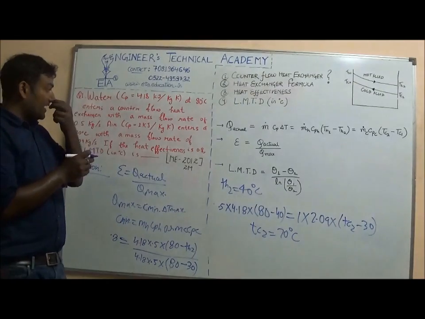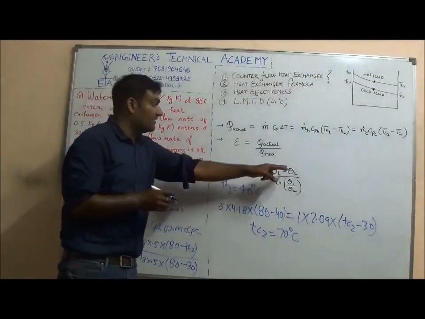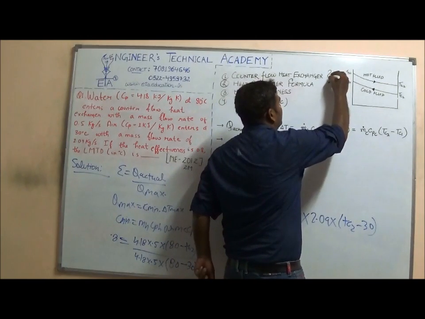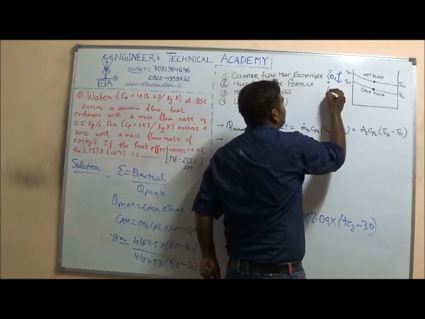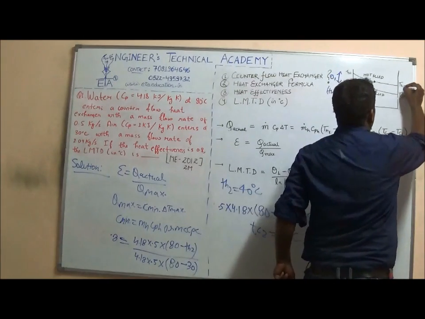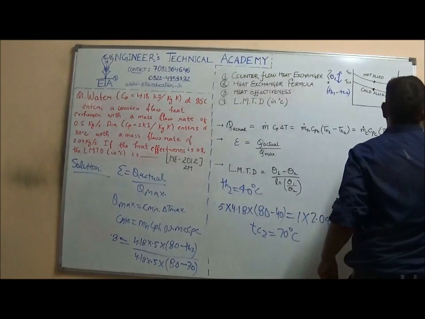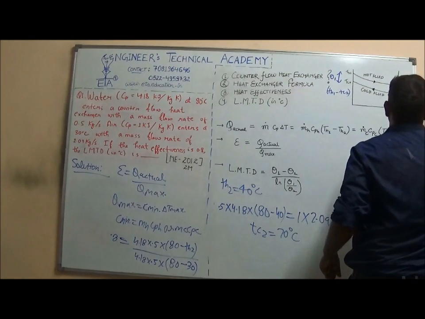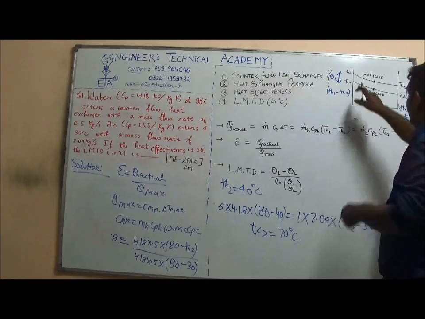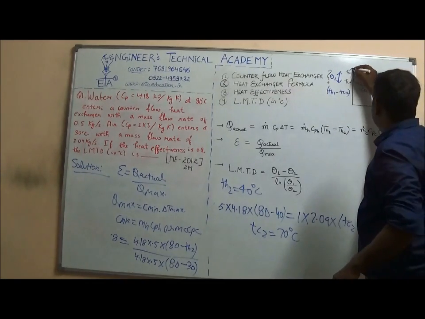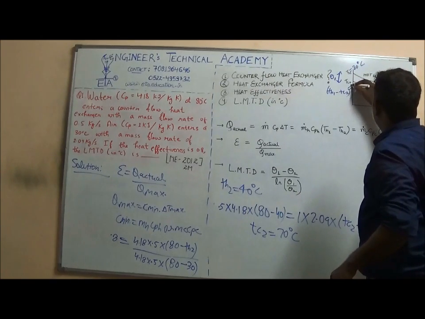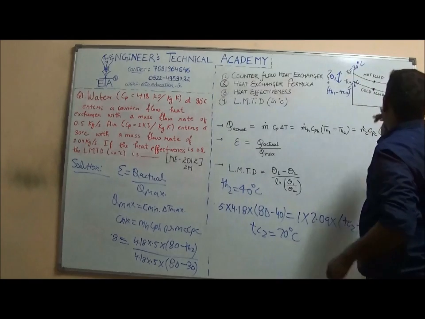Now we have to find out LMTD. We have to find out theta1 and theta2. Theta1 is the difference between Th1 and Tc2, and theta2 is, as you can see, Th2 minus Tc1. Now Th1 is 80 degrees Celsius and Tc2, as we have found, is 70 degrees Celsius. So theta1 is 10 degrees Celsius.